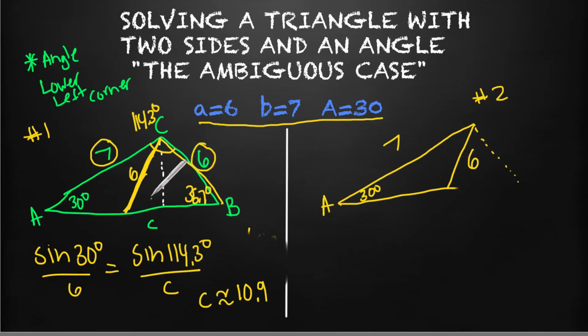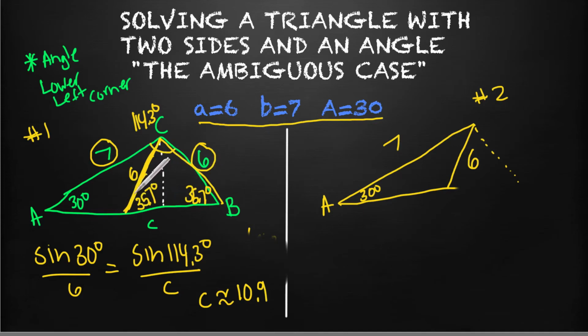So that means the angles across from these sides are going to be equal because it's an isosceles triangle. So if this angle B is 35.7, that means this is also 35.7 because this side is 6 swinging to the left. This side is 6 swinging to the right, so the angles across from them should be the same.